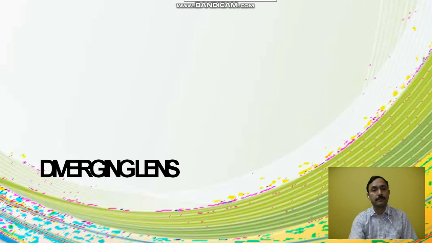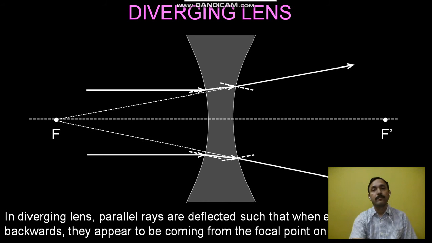Diverging lens, that means the lens will diverge the rays. This is a diverging lens. So this is a biconcave lens. We are taking a biconcave lens.